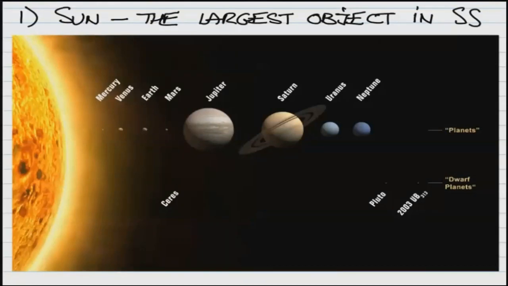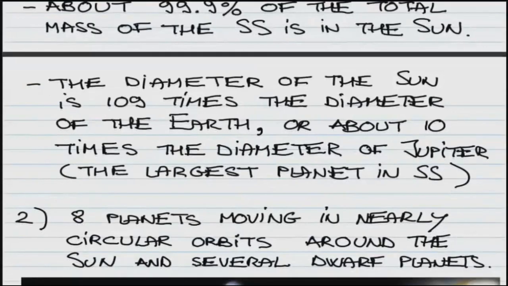In addition to its enormous mass, the sun also has a large diameter. The diameter of the sun is about 110 times larger than the diameter of the Earth, or about 10 times larger than the diameter of Jupiter, which is the largest planet in the solar system.